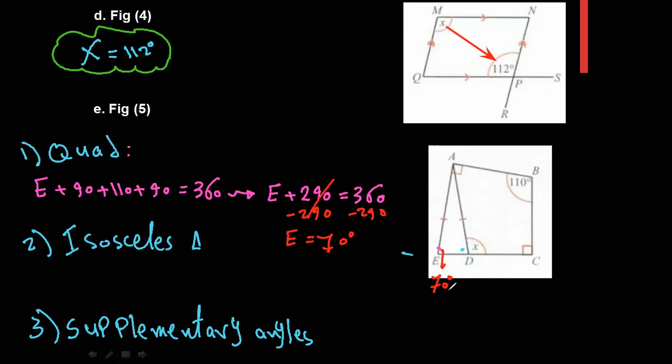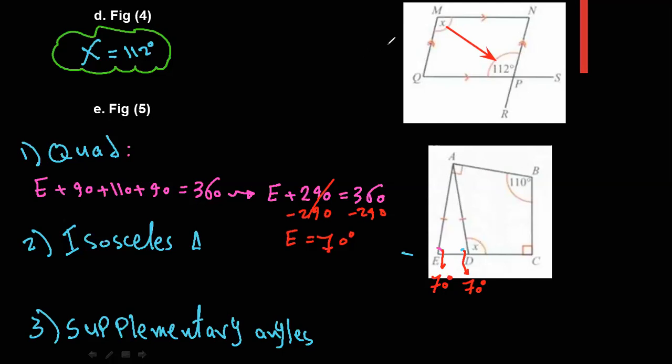Okay. But the next concept is about the isosceles triangle. I have the isosceles triangle, the two base angles are equal in measure. So the angle ADE should also equal 70 degrees. The third one is about the supplementary angles. I have the angle X and the 70. They are supplementary. They are on the same straight line.